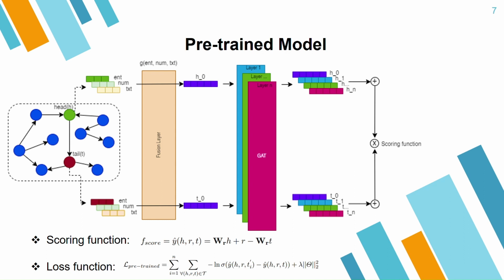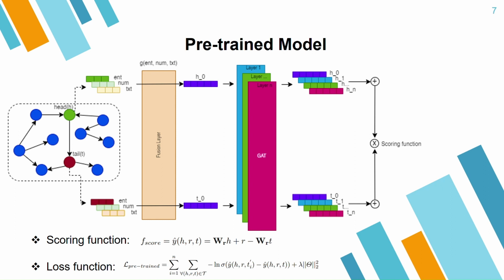After the fusion layer, we receive the enriched literal embedding, and then we push it into the GNN aggregation to leverage the graph structure.